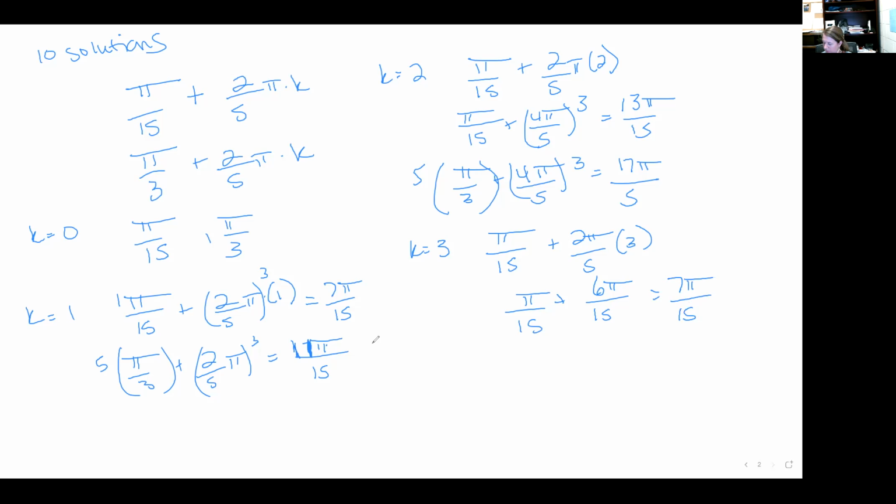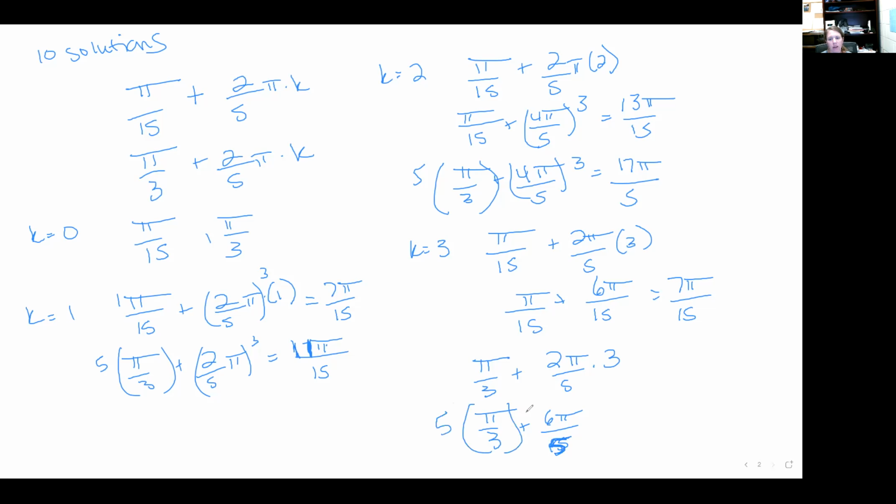And we will do the same thing for pi over 3 plus 2 pi over 5 times 3, which gives us pi over 3 plus 6 pi over 5.